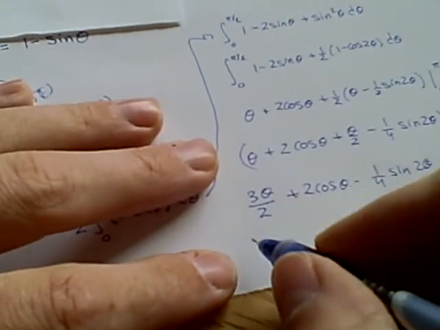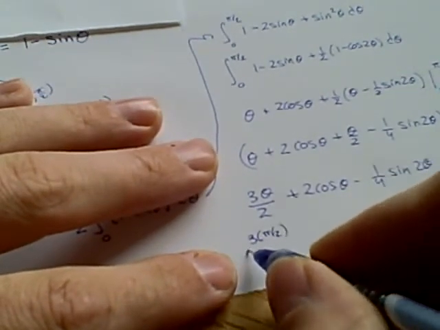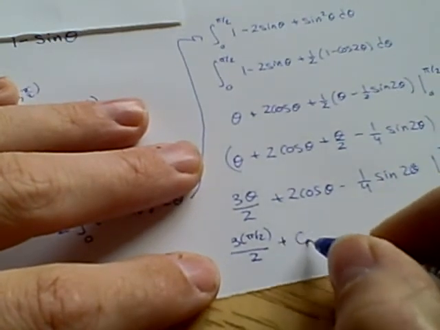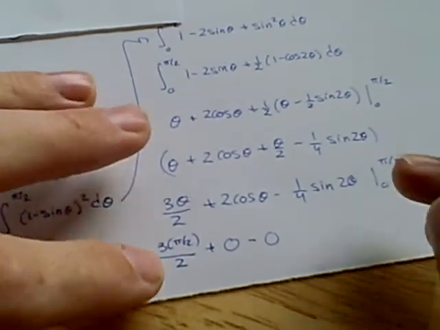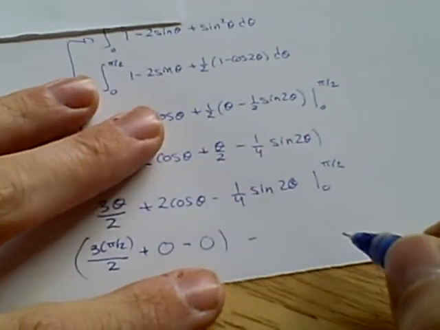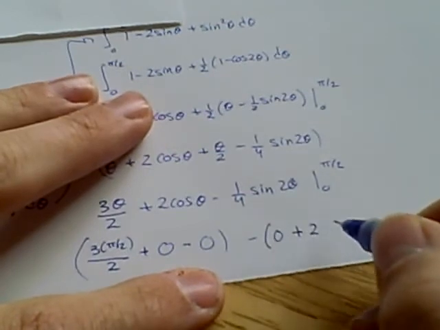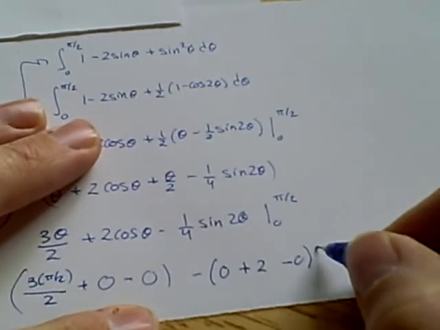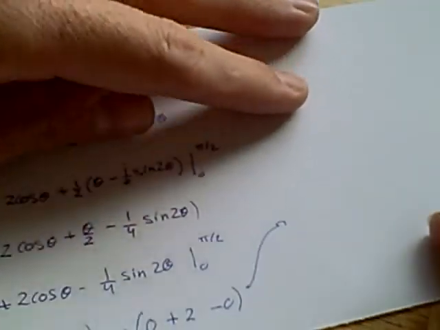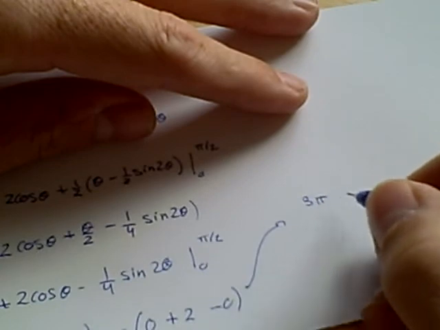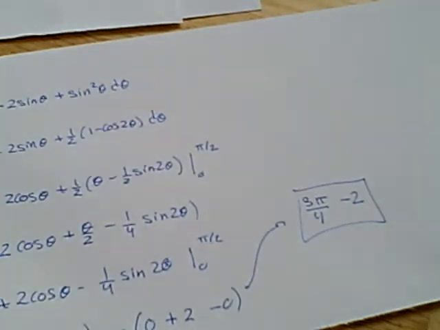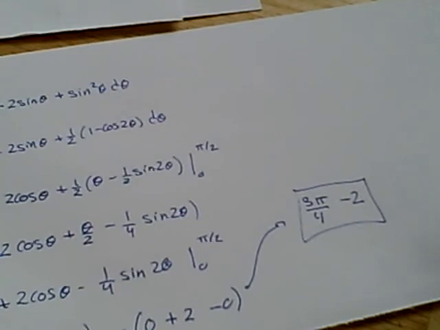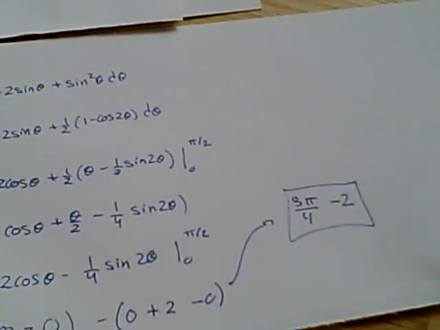When you plug in pi over 2, you'll get 3 pi over 2 over 2, plus 0, minus 0, because this is 2 times pi over 2, minus, you plug in 0, you'll get 0 plus 2 minus 0. So that leaves us with 3 pi over 4 minus 2 as an answer to our problem, as the area of that part of the graph between the curve and the x-axis. And that's problem 9.